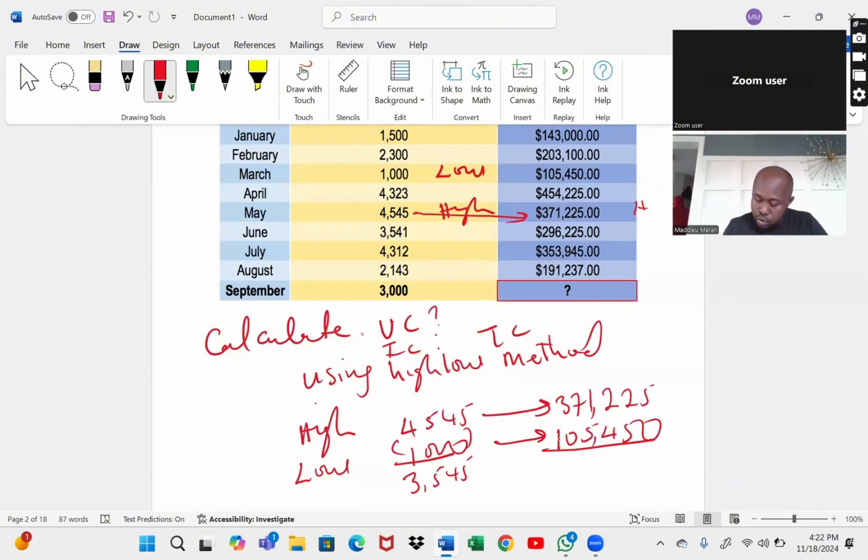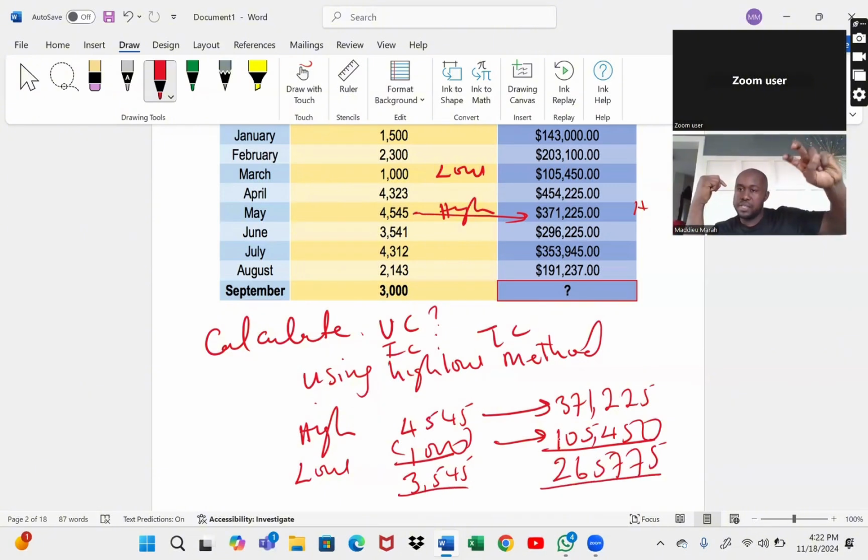We have 265,775. So this is the second step: we find the difference between the high activity and low activity, the high amount and low amount.